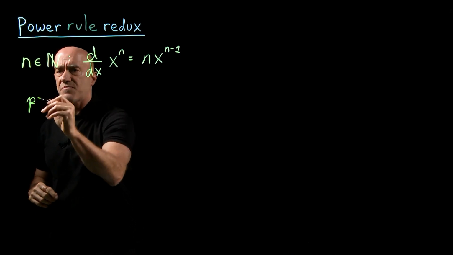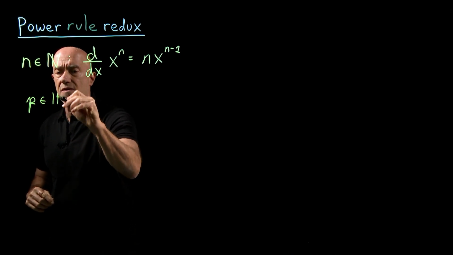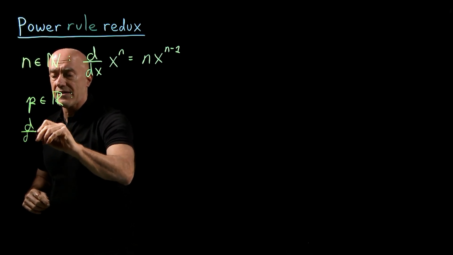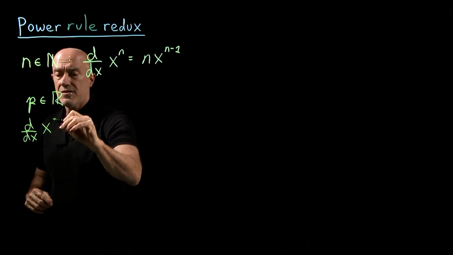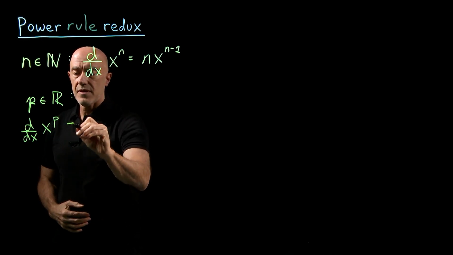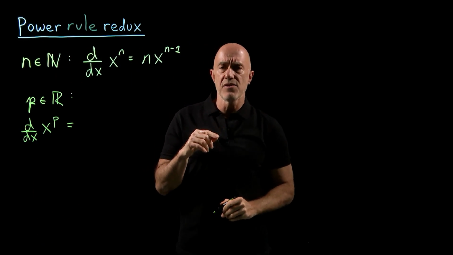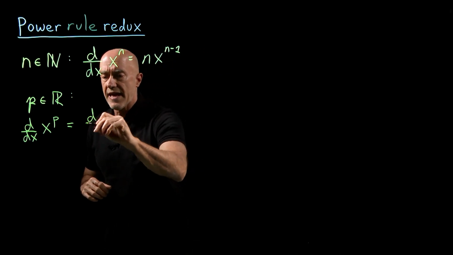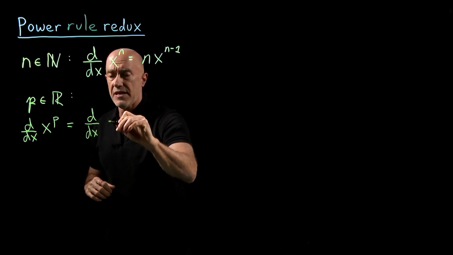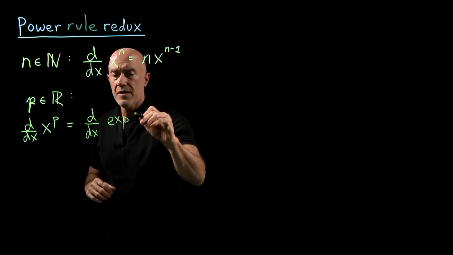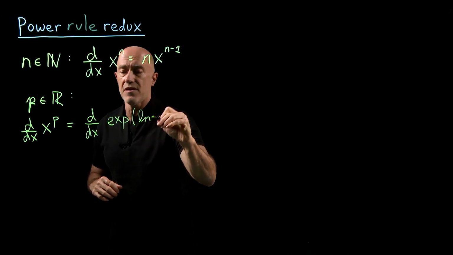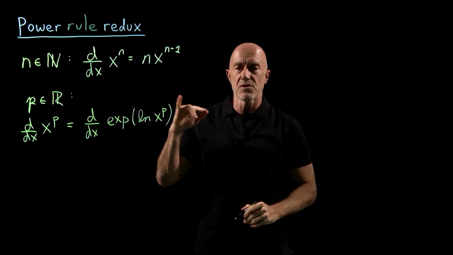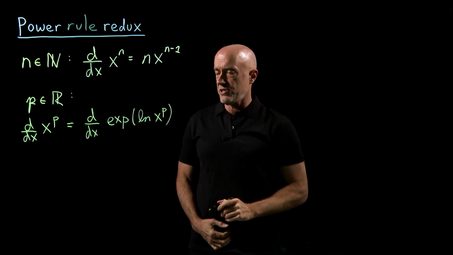So for the exponent p, an element of the real numbers, I want to look at the derivative with respect to x of x to the p. We can do that by using the exponential function and the natural logarithm. So we can write that as the derivative of the exponential function of the natural logarithm of x to the p, because the exponential function and the natural logarithm are inverse functions.